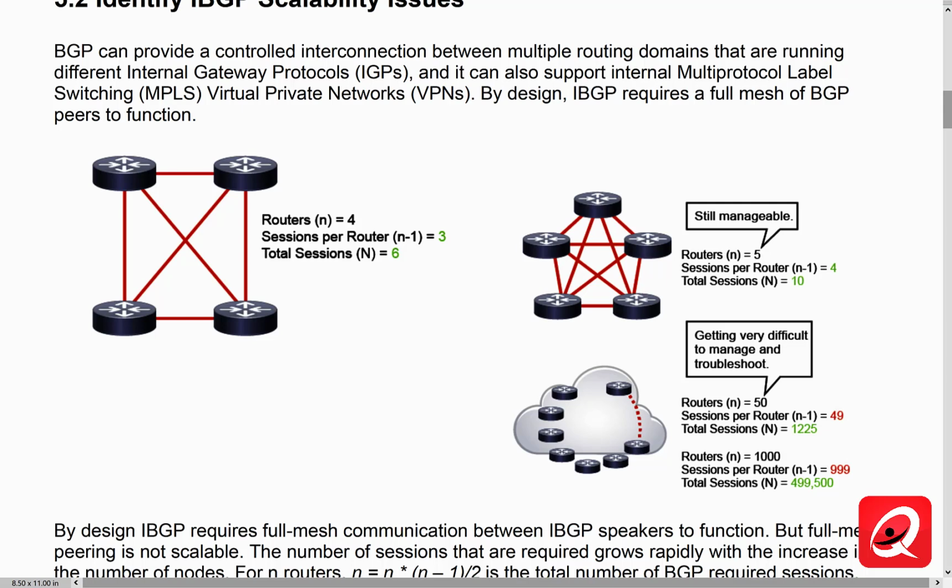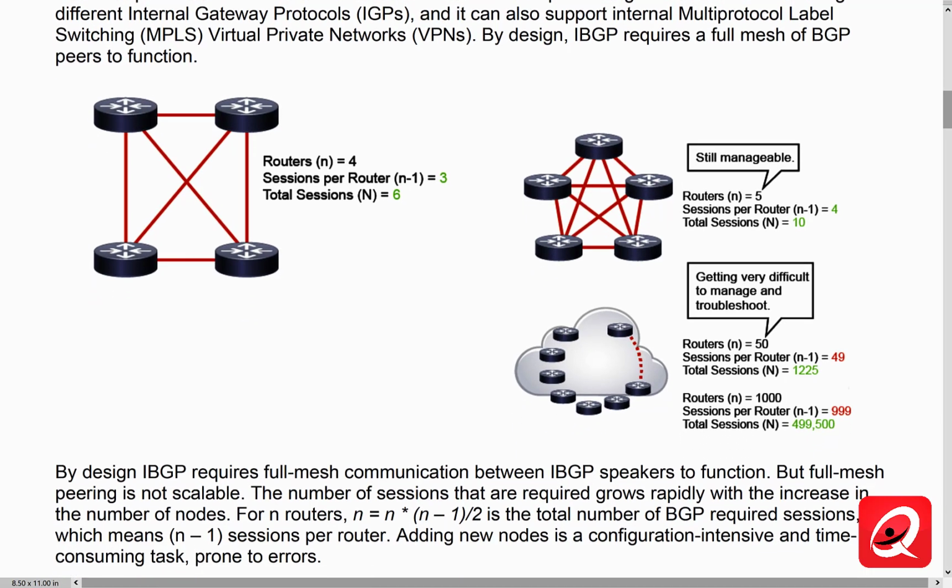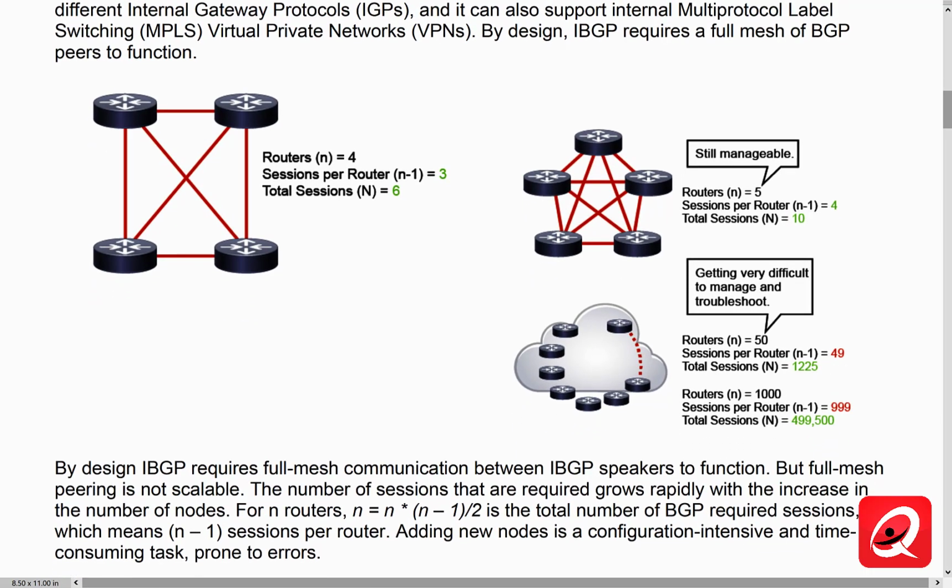This lack of scalability has been a problem with the full mesh configuration for some time, and there have been lots of different proposals on how we can circumvent this problem. The most common technique used today is what we refer to as route reflection, and we'll certainly get into that as part of this discussion.